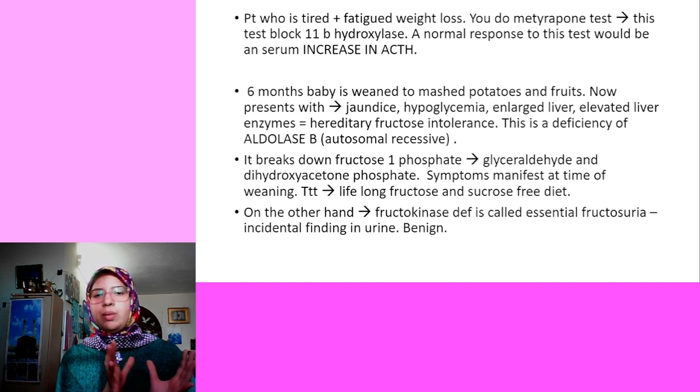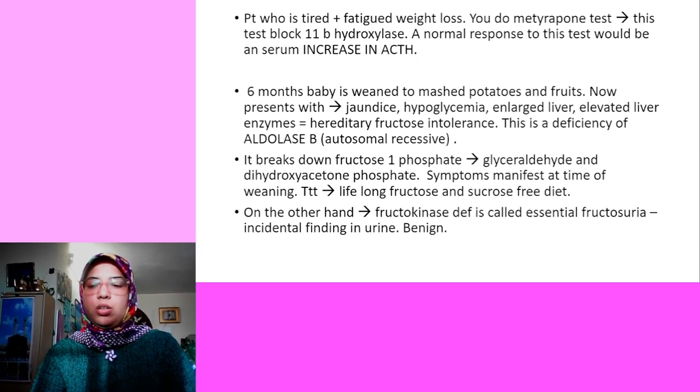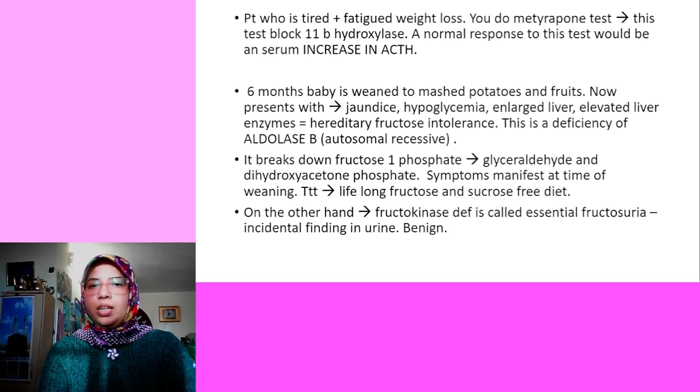So the phosphate is used up, so the high energy places in the body are not able to use that phosphate, so the liver becomes enlarged. You're going to have jaundice, elevated liver enzymes. The symptoms manifest at the time of weaning. The treatment is a lifelong fructose and sucrose-free diet. Like we said, on the other hand, fructokinase deficiency is called essential fructosuria. It's an incidental finding in urine, and it is benign.